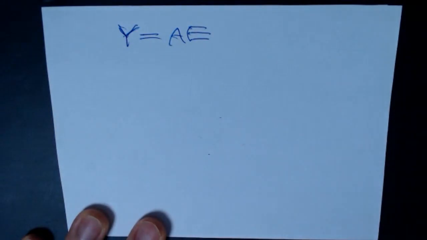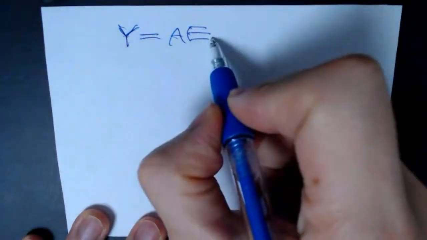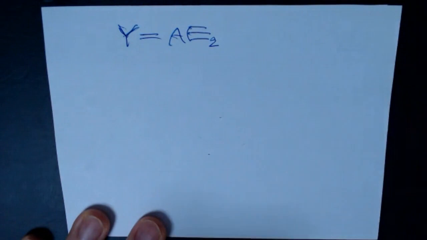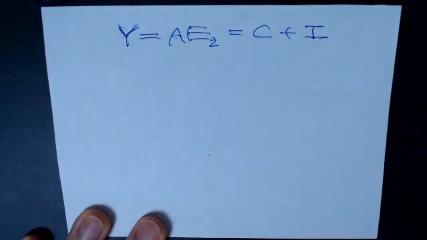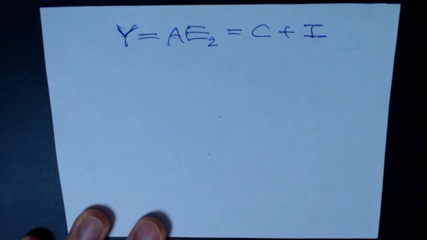So today we still have the same question about the equilibrium condition. And the equilibrium happens when output equals expenditure. Last week, we talked about two sectors composed of household consumption and firms' investment.